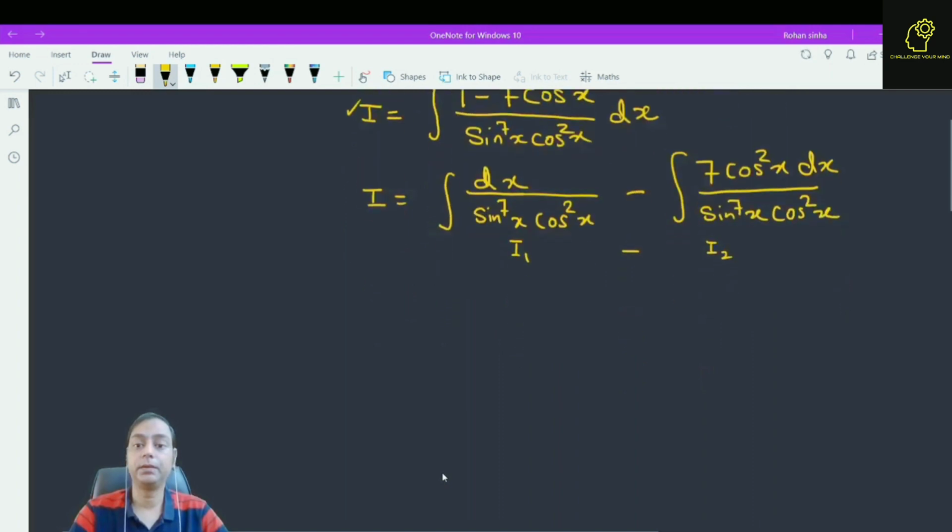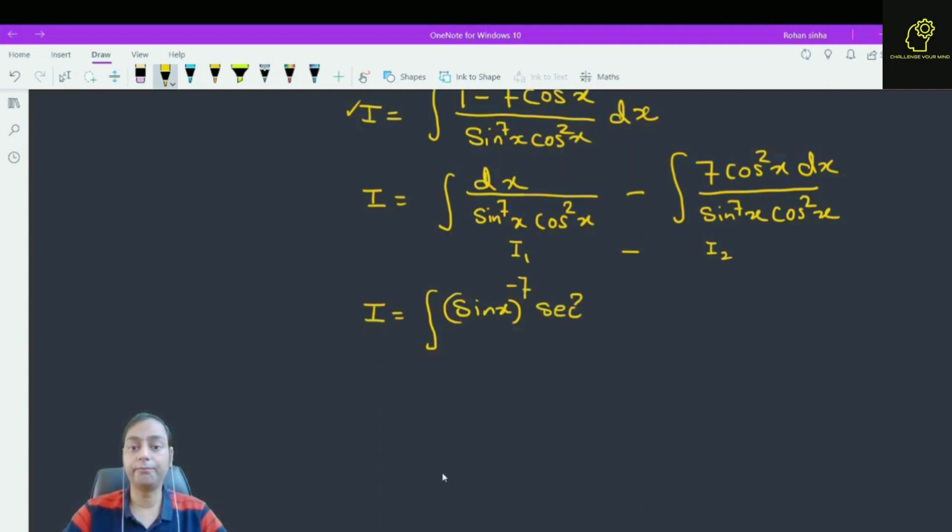Now, if you further proceed, what you find is I as the integral of (sin x) raised to minus 7 into sec square x dx minus 7. From I2 you can take 7 outside, and this cos square x cancels out.